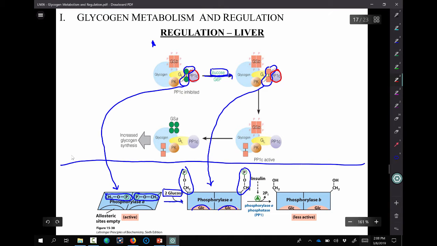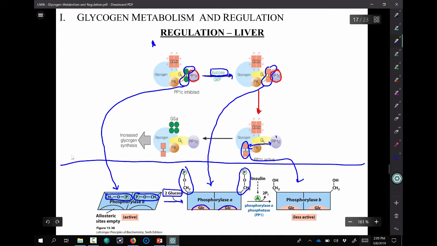And that will lead to this, where we have a dissociation, what they're trying to illustrate here. The two of them will dissociate upon cleavage of those phosphates. So PP1C will come off of glycogen phosphorylase.